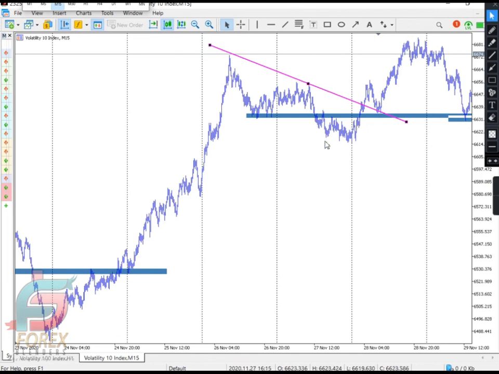But this one is vague because there's no new lower high. So you just need to switch there. Then you put your stop loss here, this is your entry around this level, and then just target 1 to 1. So this could be a 1 to 1.